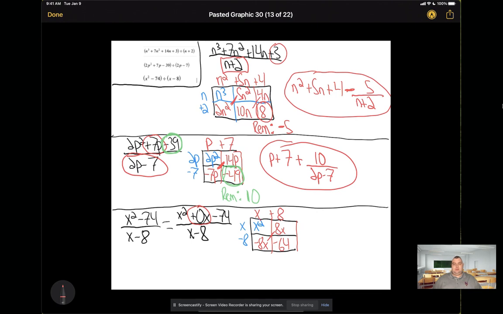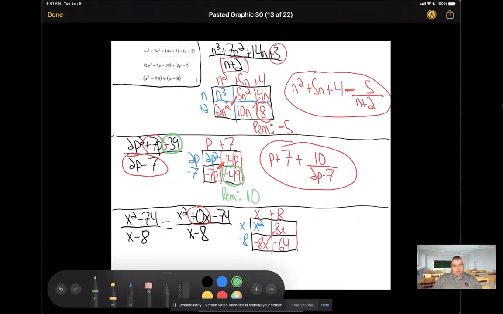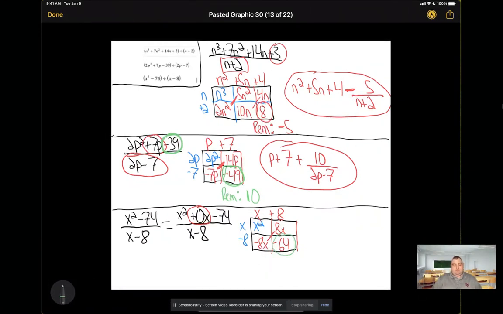So the question is, is there a remainder? Well, I ended up with a constant term of negative 64, but the actual constant term was negative 74. So yes, there is a remainder. To go from negative 64 to negative 74, I need to go up or down.